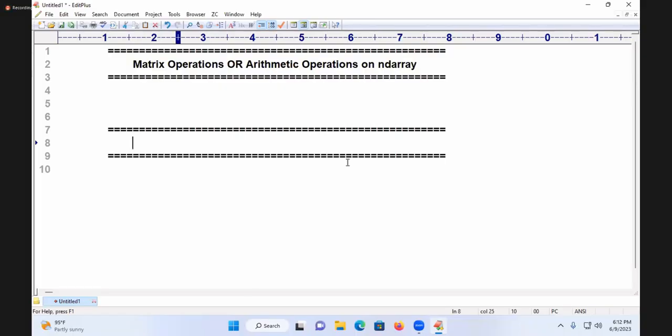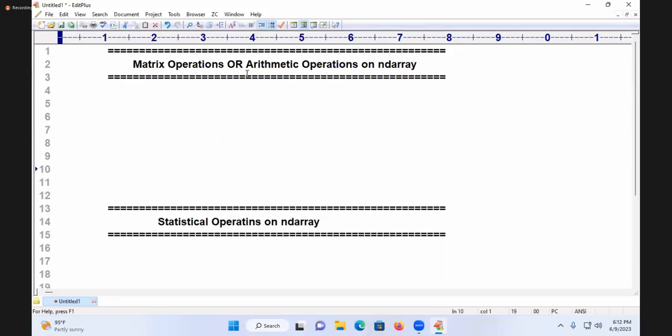And next we are talking about statistical operations on ND array. These are the main topics in today's class. And further, we go for some more miscellaneous information I will explain. So first I am going to talk about matrix operations or arithmetic operations.